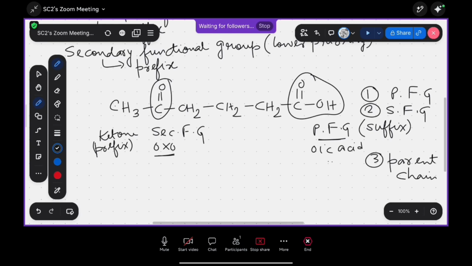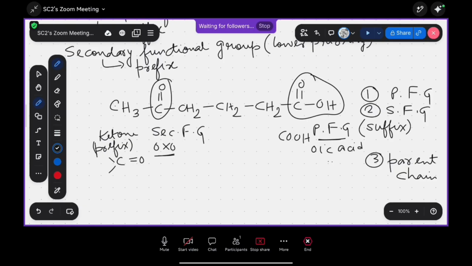As already said, if the functional group itself has a carbon atom, you have to include that within the parent chain. Now see, we have two functional groups here, COOH and the ketone, C double bond O, and both have a carbon atom. So we have to include the carbon atom of the carboxylic acid in the parent chain.